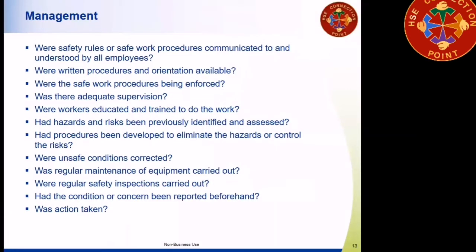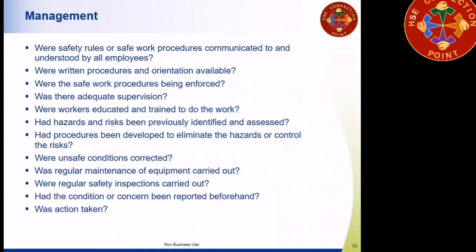The management. Were safety rules or safe working procedures communicated to and understood by all employees? Were written procedures and orientation available? Were the safe work procedures being enforced? Was there adequate supervision? Were workers educated and trained to do the work? Had hazards and risks been previously identified and assessed?